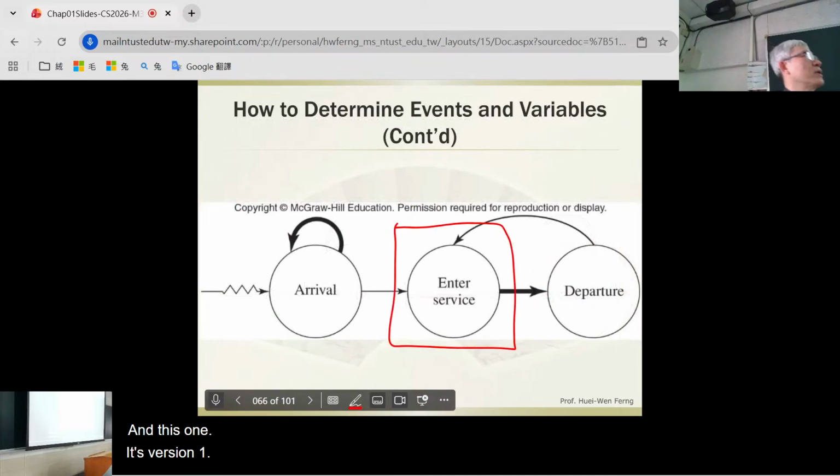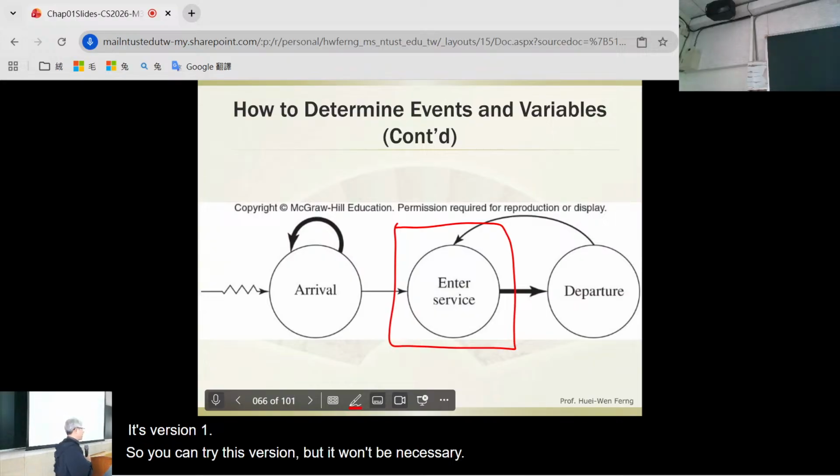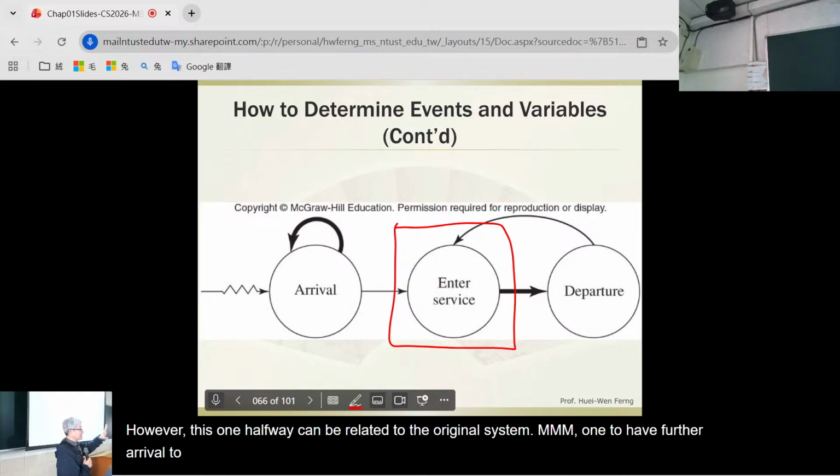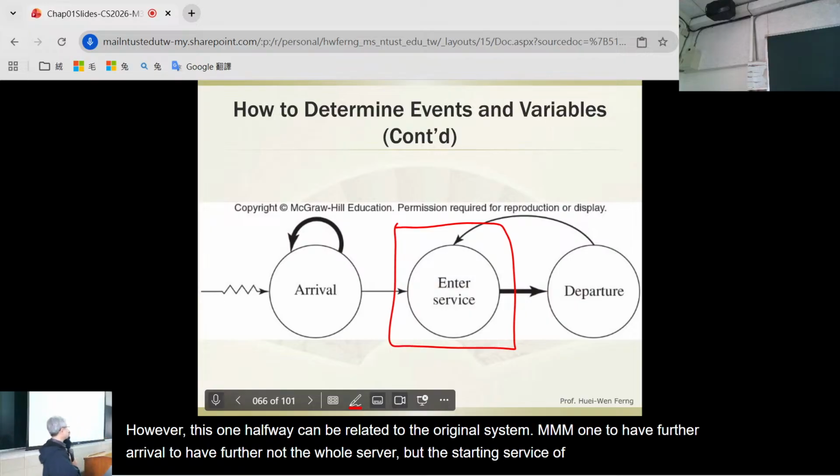You can try this version, but it won't be necessary. However, this one possibly can be related to the original system, M/M/1, to have the arrival, to have not the whole server, but the starting service of the server. So you can have these.